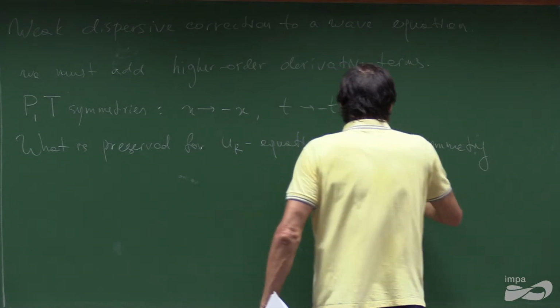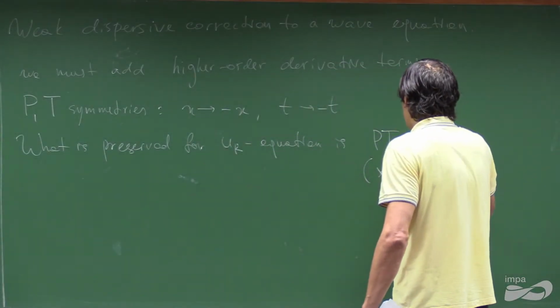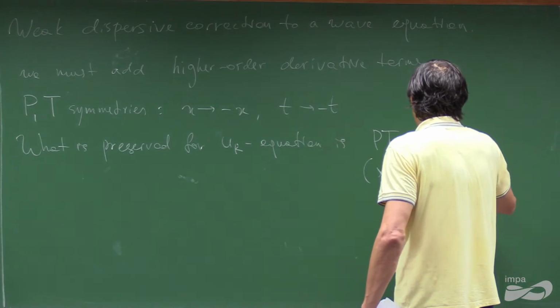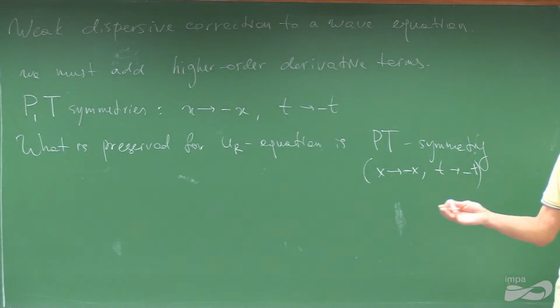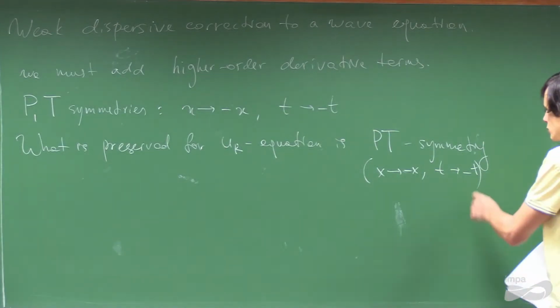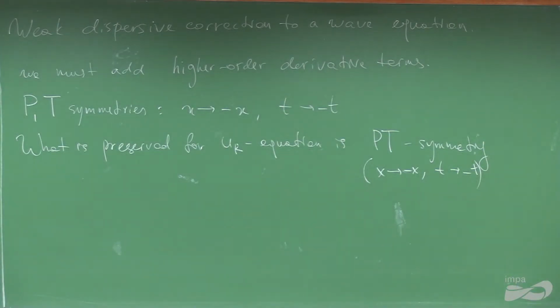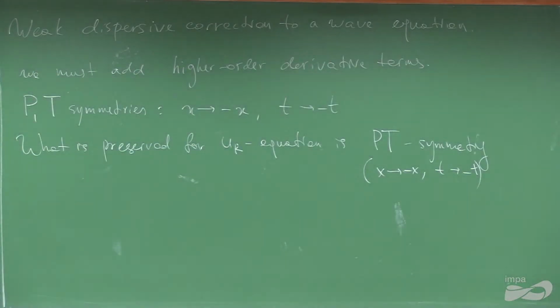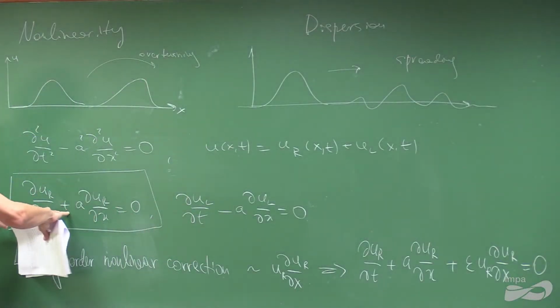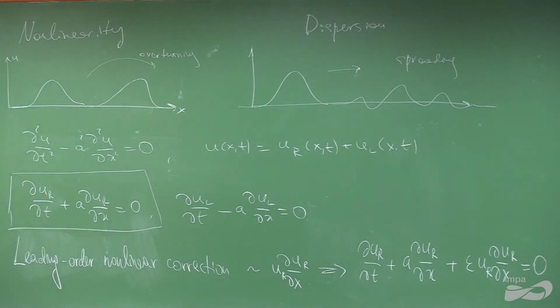Which means that if you change x to minus x together with t to minus t. If you change x to minus x, a left-going wave will go to right-going wave. But now you change time, it changes direction again, so it will still go the right way. So if you change x and t signs, you get two minuses, and it's still the same equation. So this is how the P and T symmetry for the first equation translates into the equation for the right-going wave.